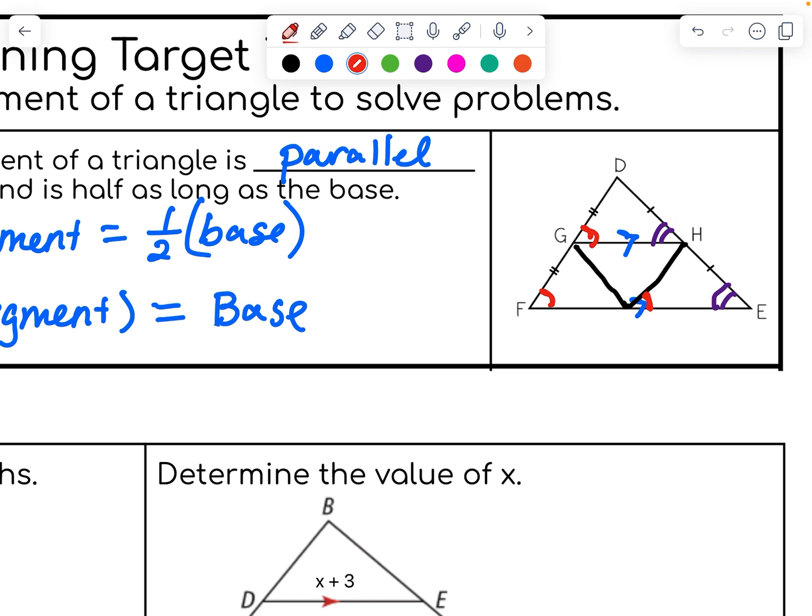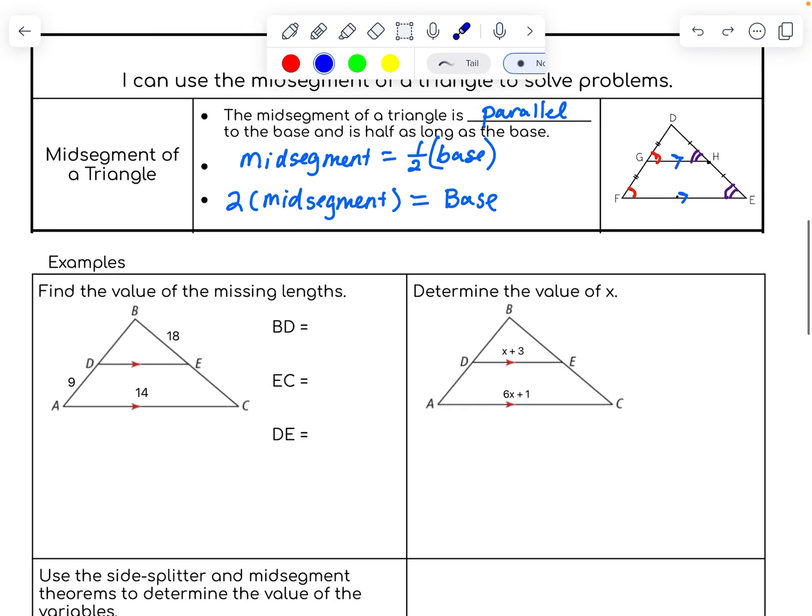All these would just kind of slide across. This angle up here, D, would go right here, and then this one would be right there. I just want you to notice that all of those would actually be the same. So that could come up when you're looking at your practice.